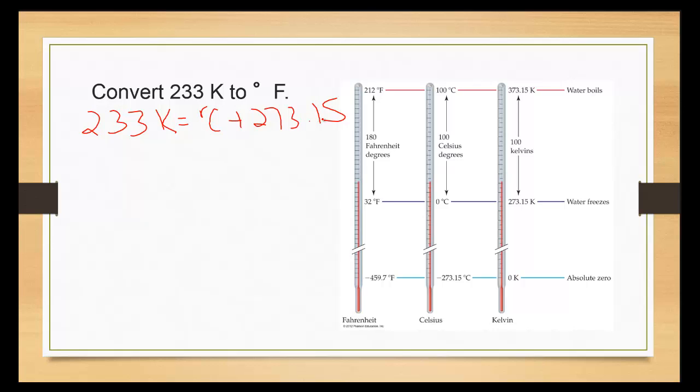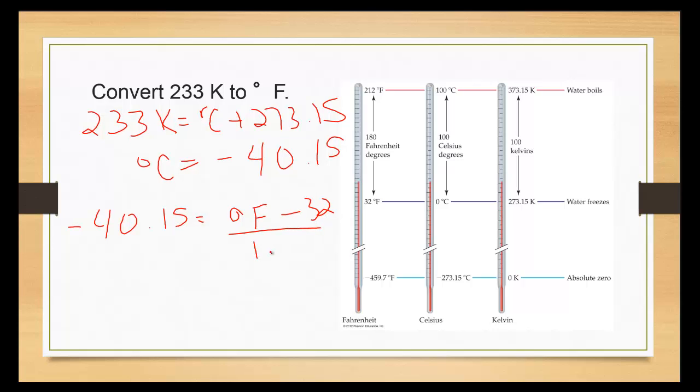That gives me a degree Celsius of negative 40.15. Now I'm going to take this number and put it into the other equation. Negative 40.15 is equal to degrees Fahrenheit minus 32 over 1.8.